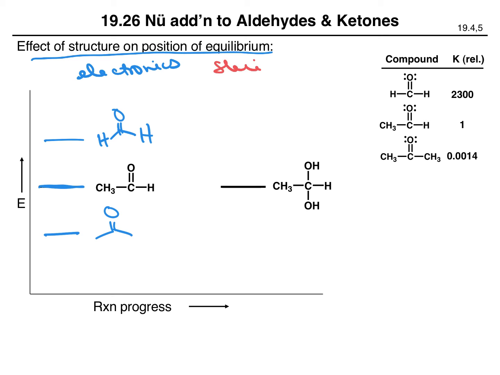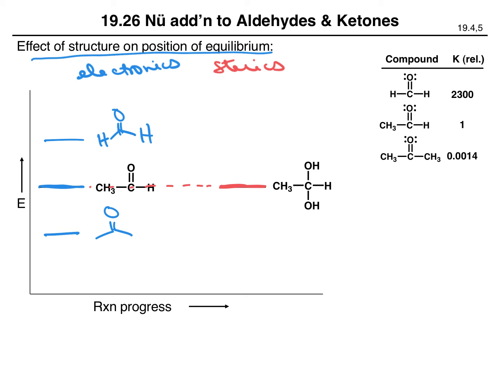And when we think about sterics, we are going to focus on our product. So again, we're just going to put acetaldehyde here. We're just normalizing this so that we're saying if acetaldehyde has an equilibrium constant of 1, then these would be at the exact same energy. That's not actually true. It's just that this is the way that we're using this for comparison.